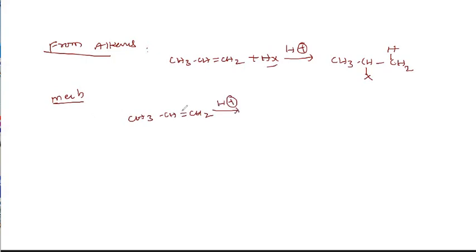The pi bond always moves from the carbon with fewer hydrogens toward the carbon with more hydrogens. This carbon gets the negative charge, this carbon gets the positive charge. Reason: the terminal carbon containing the negative charge would be a primary carbanion, and the center carbon would be the secondary carbocation. You know the reactivity order of carbanions: primary carbanion is greater than secondary carbanion is greater than tertiary carbanion.